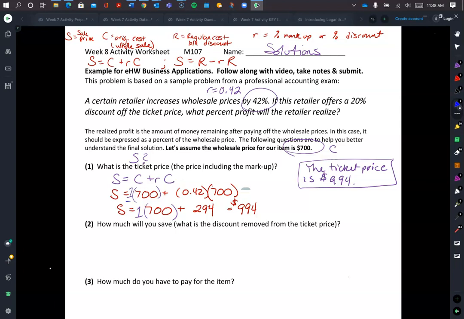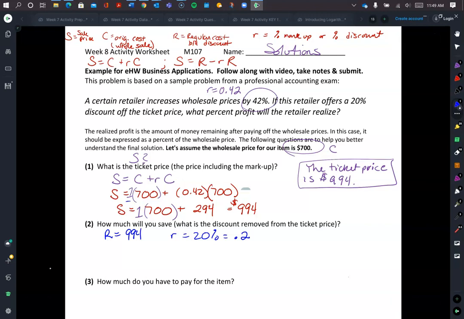So number 2, how much will you save? In other words, what is the discount removed from the ticket price? So once we have the ticket price, we now are going to call that R. So R equals 994. Our rate for the discount is going to be 20%, which as a decimal is 0.2.